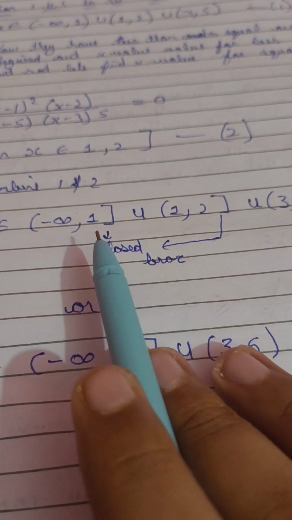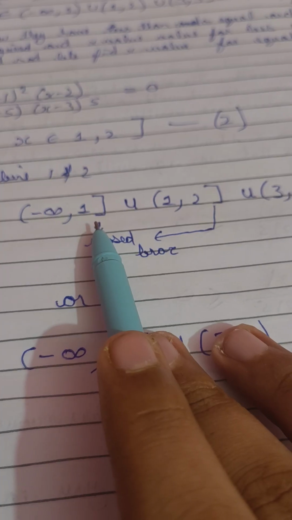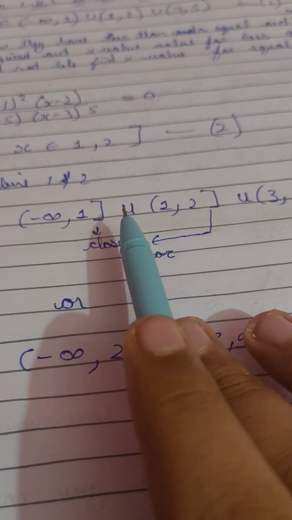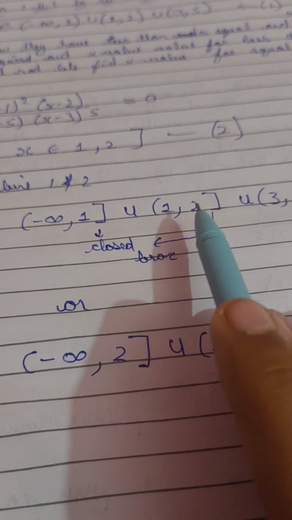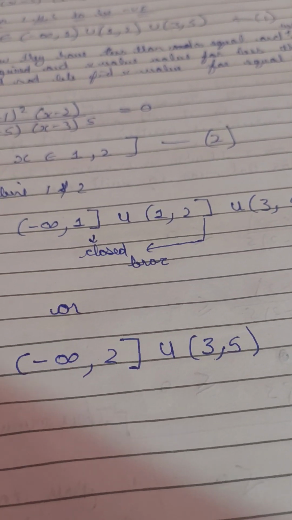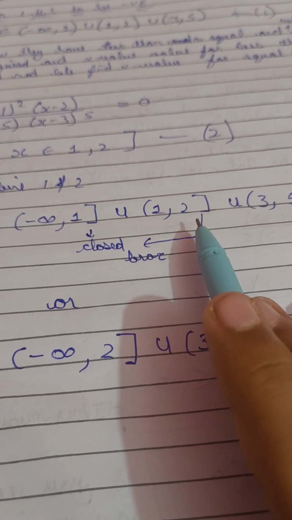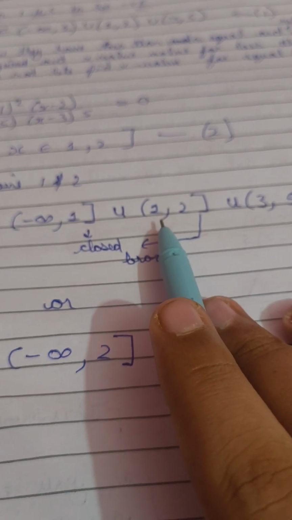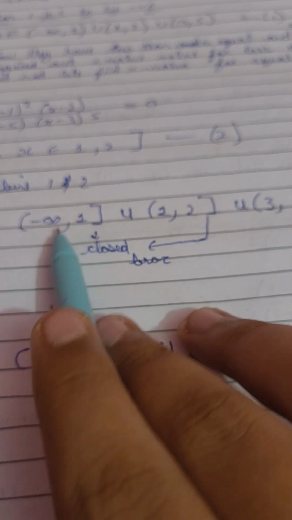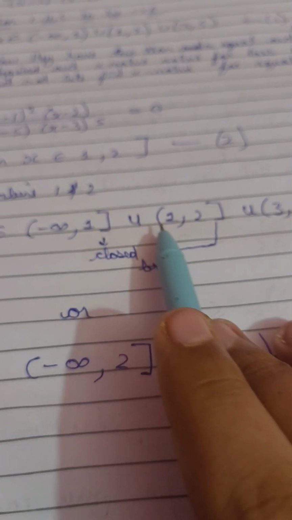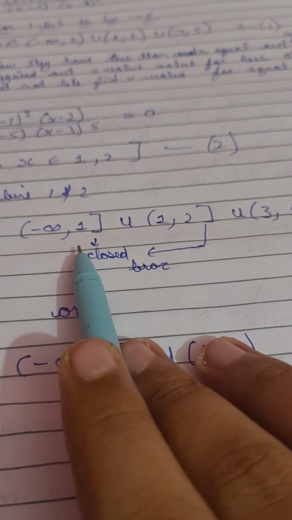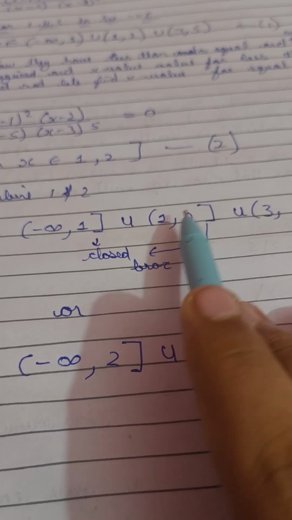Okay, now if you see, 1 is also here and 2 is here. They have taken the numbers from minus infinity to 2, because they have considered 1. That means 1 is there, but here they have written 1 is not there, but after 1, like 1.1, is also included. So they have included 1, and they have started counting from 1.1, 1.2, and here 2 is also getting counted.